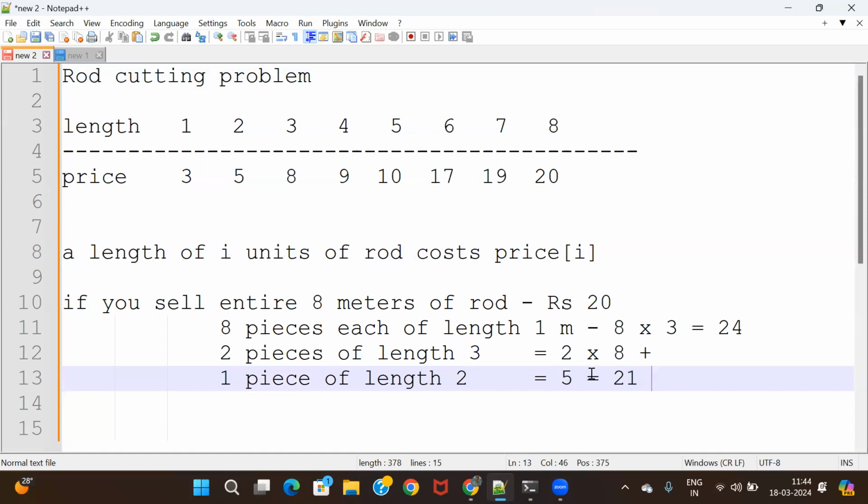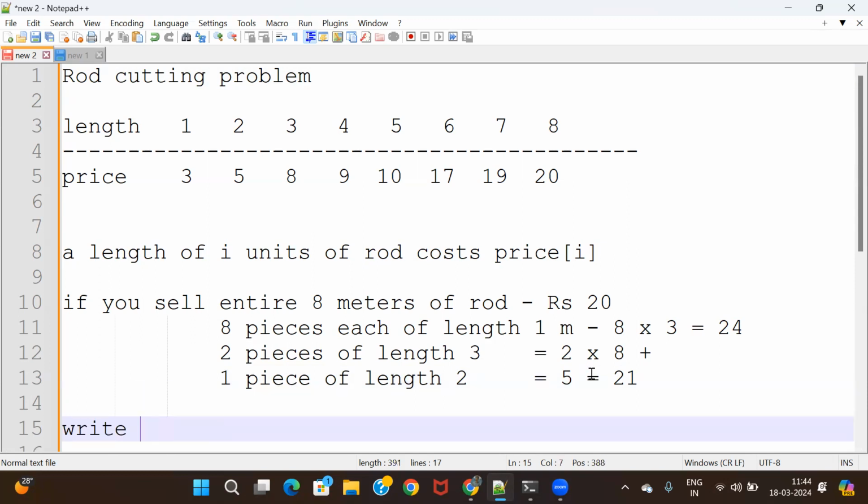When you have several options like this, what is expected from you is to develop a solution to find out the maximum profit.